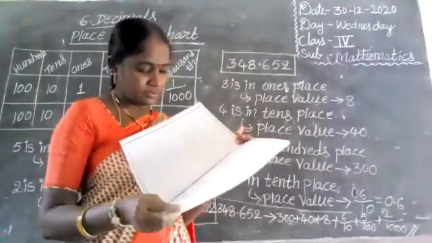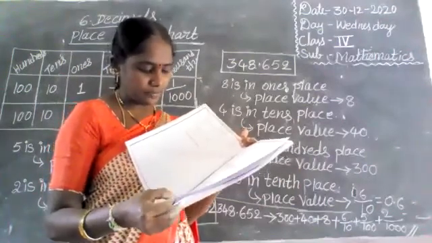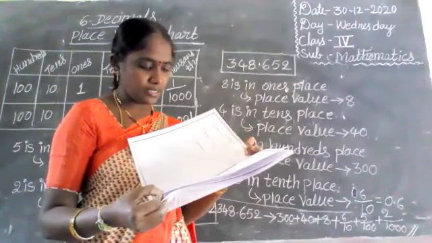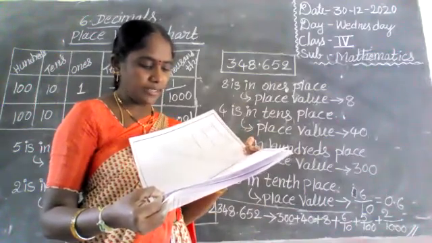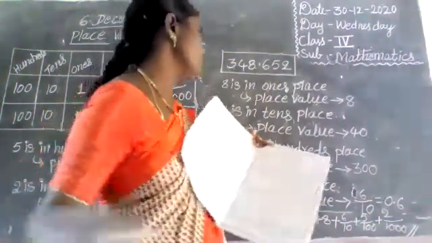Next is the place value of given numbers on an abacus. Let us see how to represent a number on an abacus and its place value. Just draw the abacus.